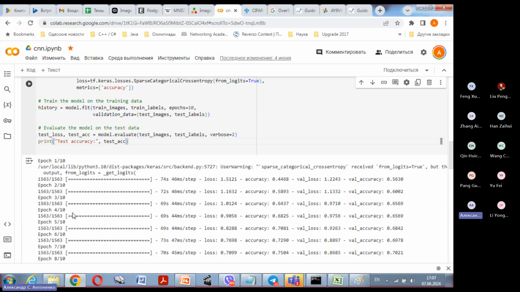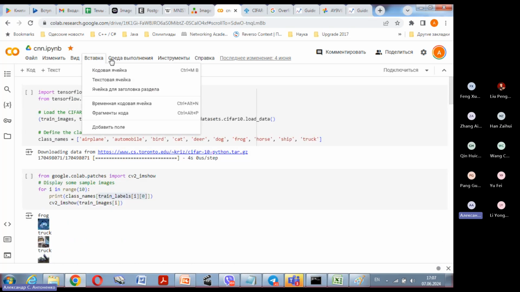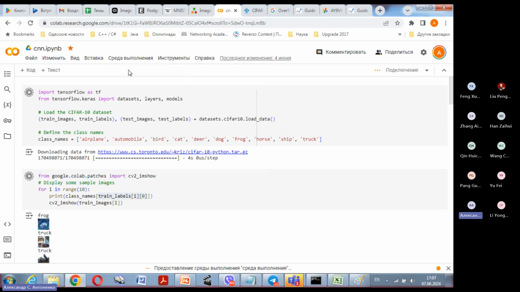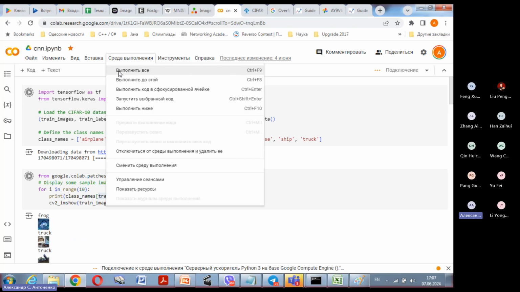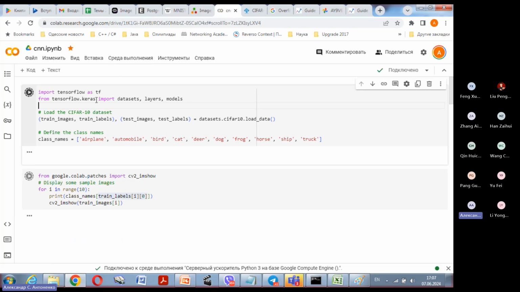Should I rerun it? Maybe I should. Let's try to run it, because you should see how it works. So I start execution, run all. It's in Russian, but I need the run command.